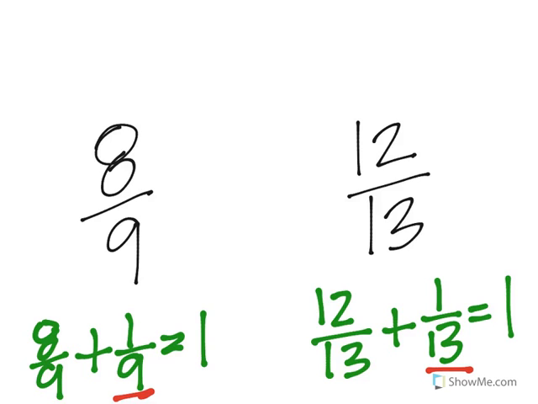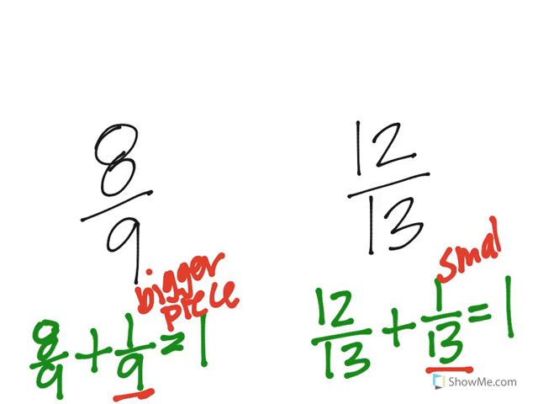And if I'm taking my whole and splitting it up into 13 pieces, splitting it up more times is going to make those pieces smaller. So the 1/9 piece is a bigger piece, and the 1/13 is a smaller piece.